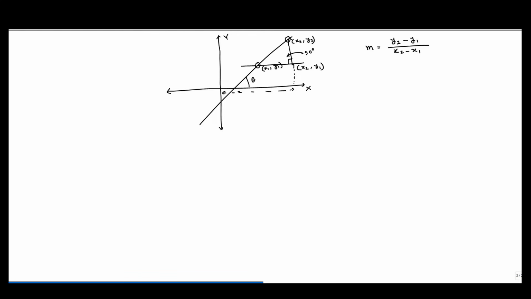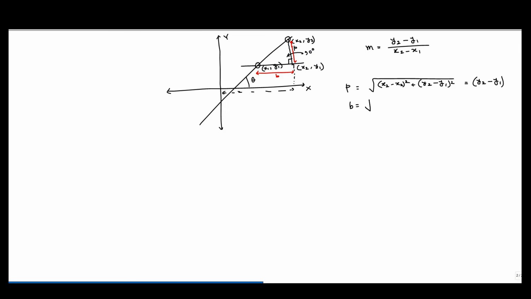Suppose this length we consider as P, and this length as B. So P will be the positive square root of x2 minus x2 whole square plus y2 minus y1 whole square, which is nothing but y2 minus y1.